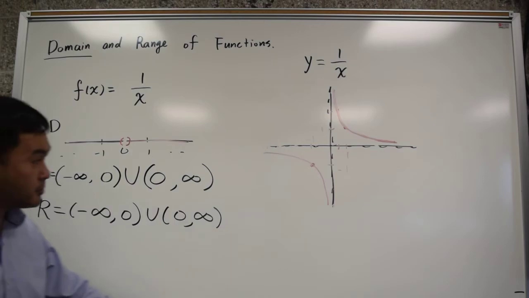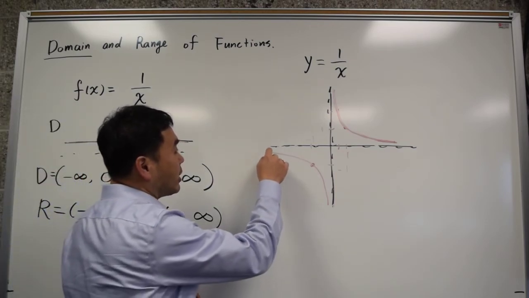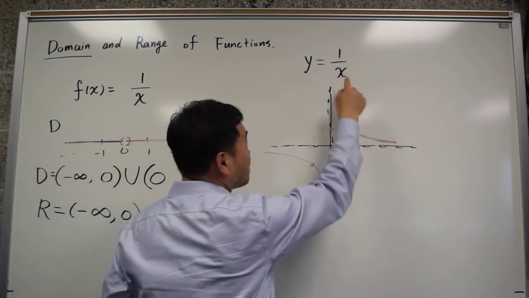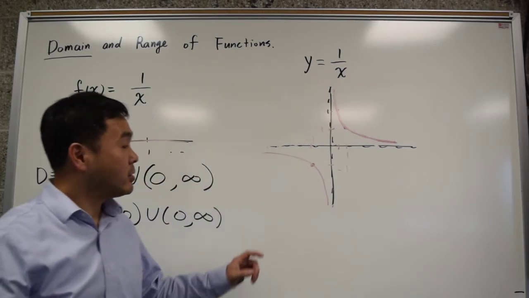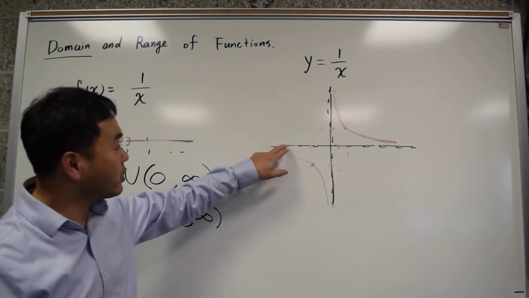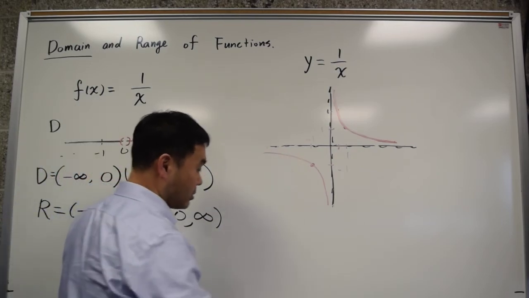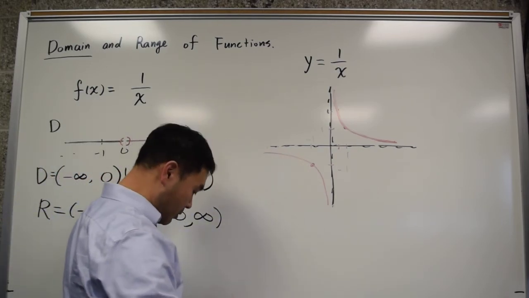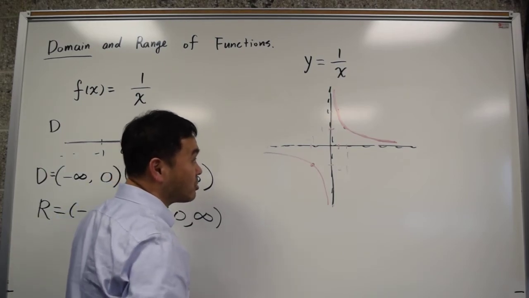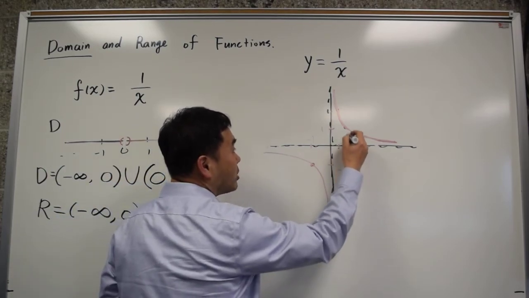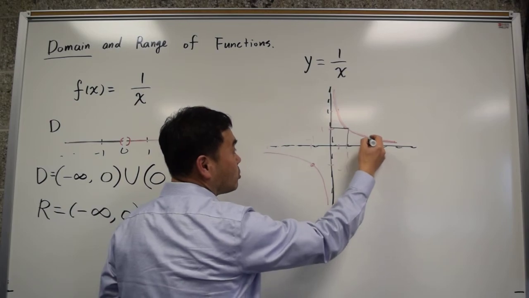So first of all, the x values are what you plug in, right? So that's the domain. At every point, there is some output because, if you recall how we came up with this graph, at 1 it's 1, at 2 it's 1/2.